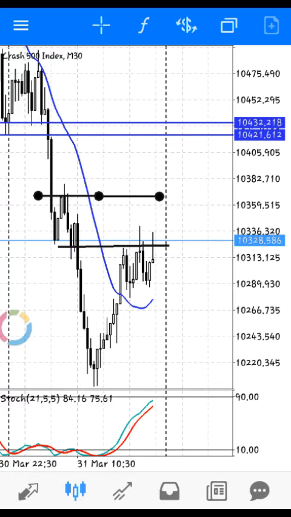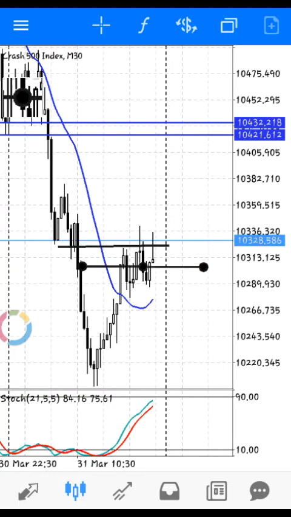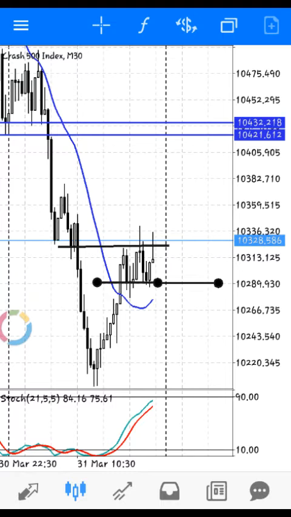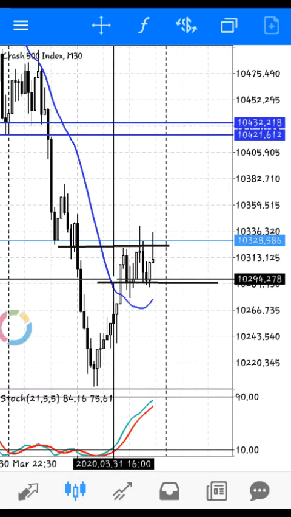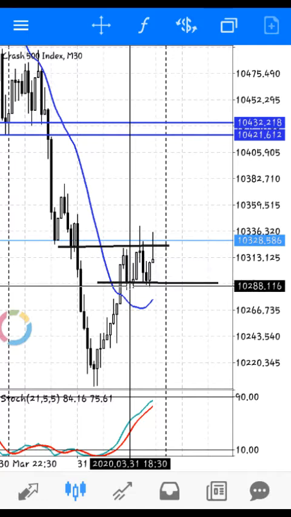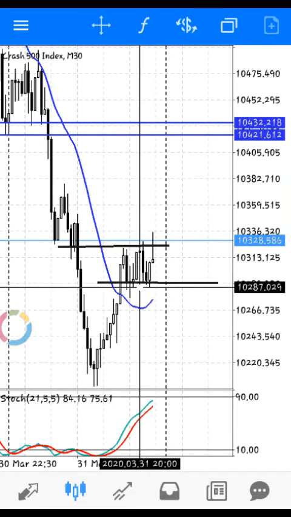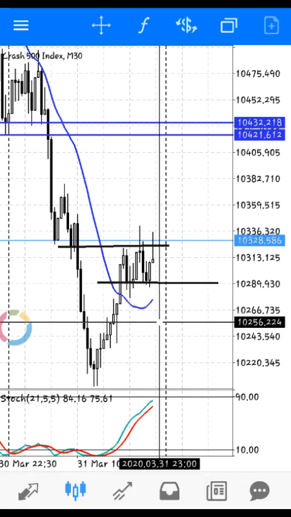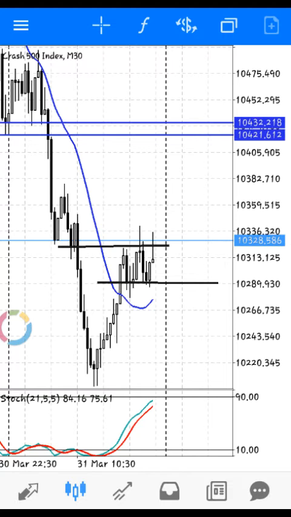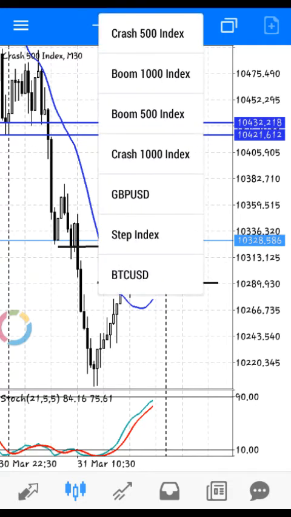Then price came down back here. So now if you were not already in a sell trade, what you'll be waiting for is this order flow to change. Once price closes below this black line, you can put your sell limit at this black line for it to continue to sell further. I hope you guys understand what I'm saying.